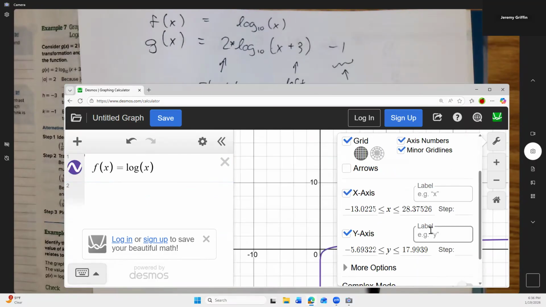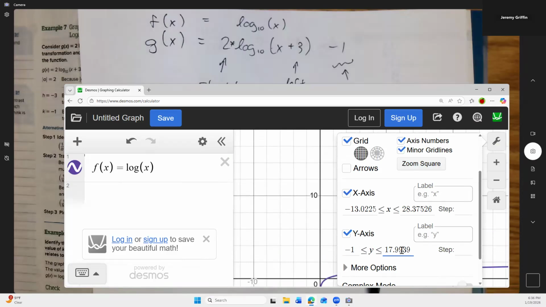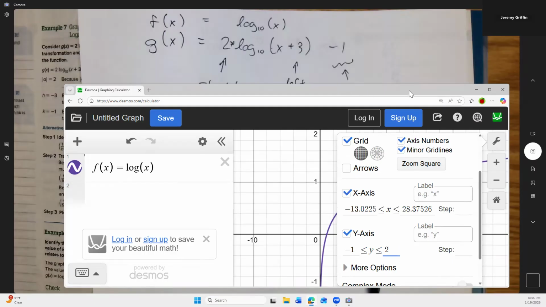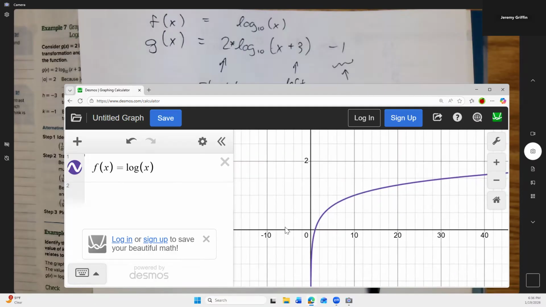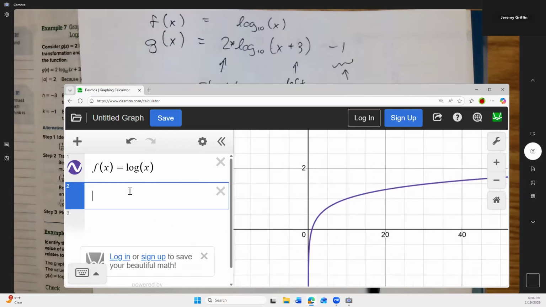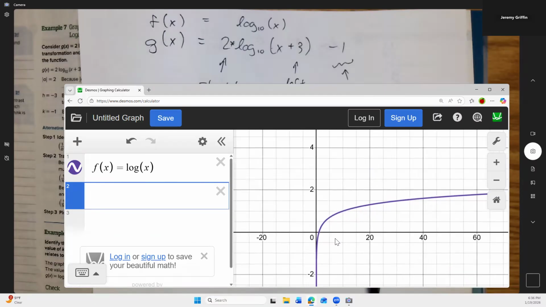Let's go y-axis from like -1 to 2 should do it. All right, let's go back. That looks better. Keep in mind my axes are skewed, right? The x-axis, I see 0 to 20, y-axis 0 to 2. So keep that in mind.